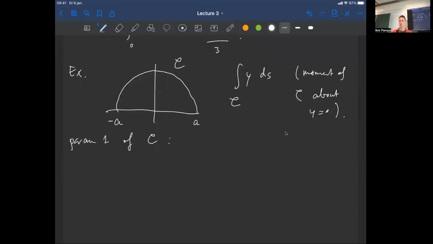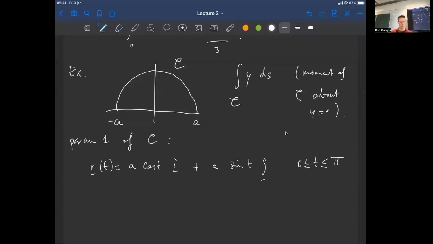So it makes sense to do this in cosines and sines, and say r of t is a times cosine t times i plus a times sine of t times j. It's a standard parameterization of a circle, and t then runs between 0 and pi, a half circle.